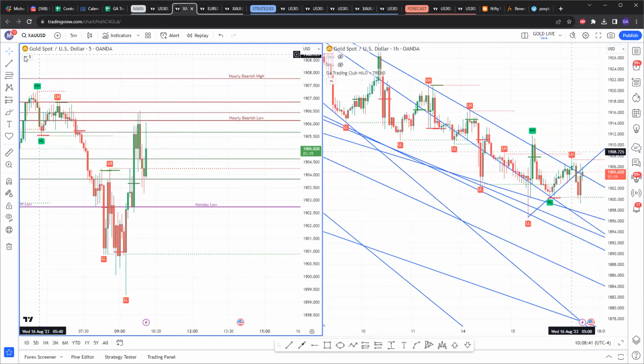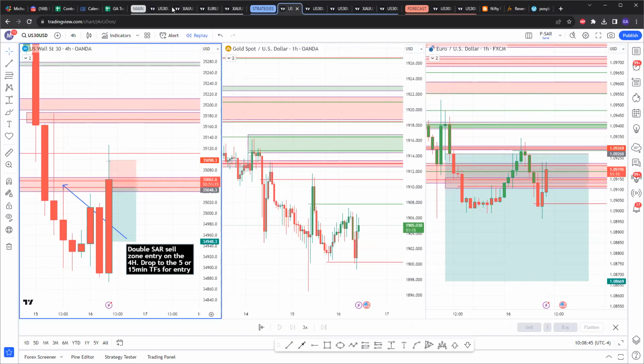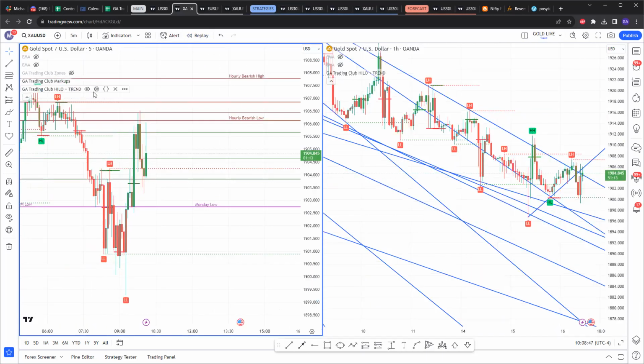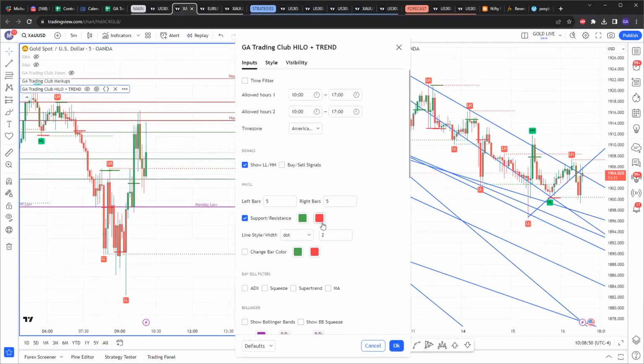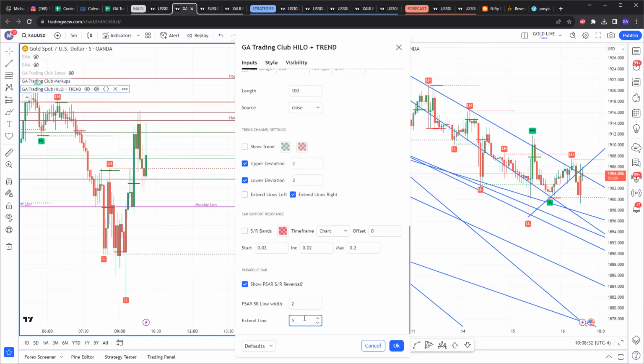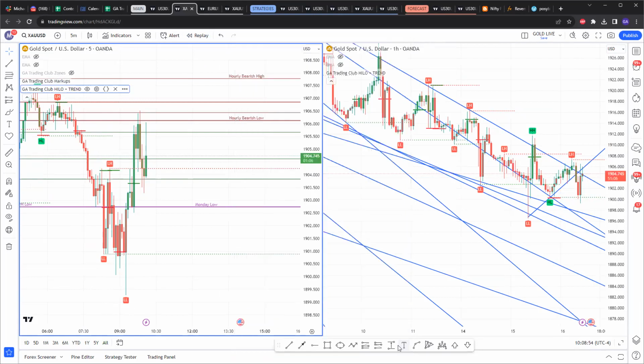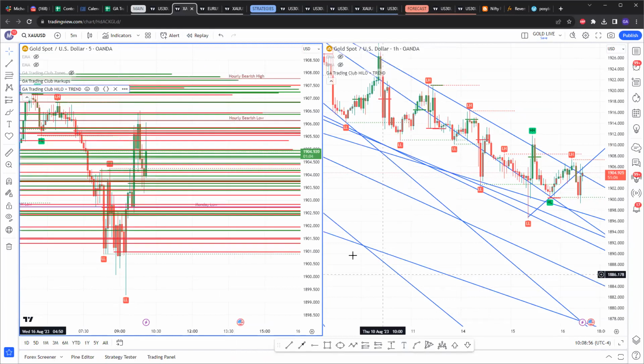Gold, personally, on the 1 hour and 4 hour, I don't have anything for gold. On the 15-minute and 5-minute, let's see. So this is what I meant by extending, right? Actually, let me turn off the markups.